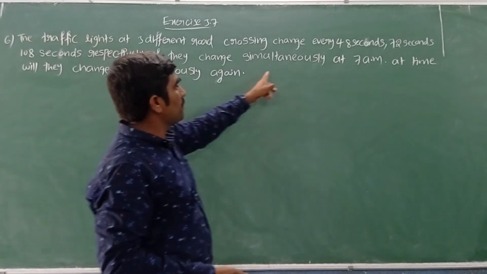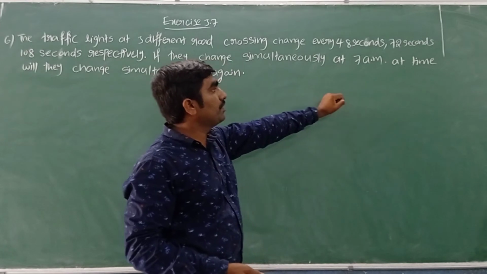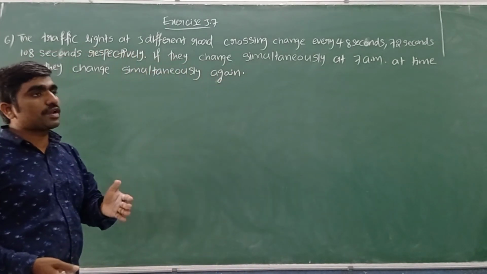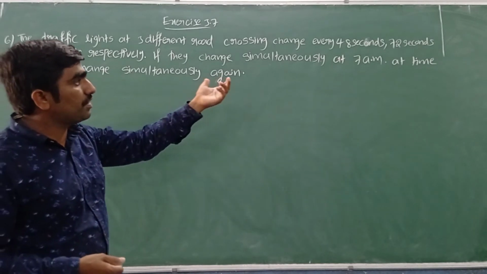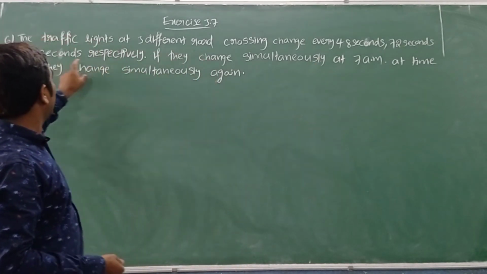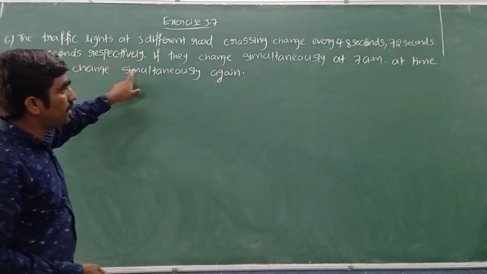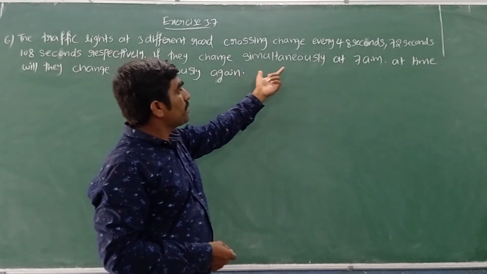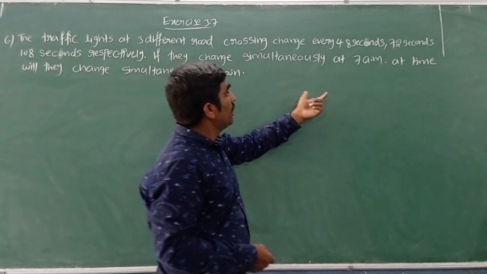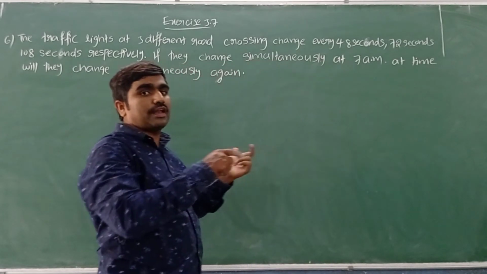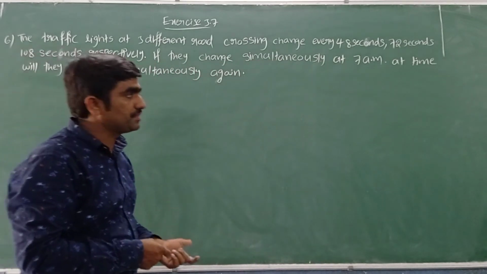If they change simultaneously at 7 am, means at 7 am all those three lights change at a time.